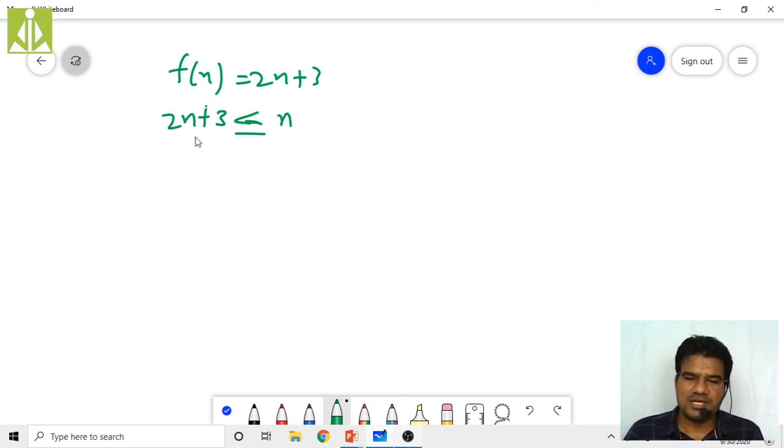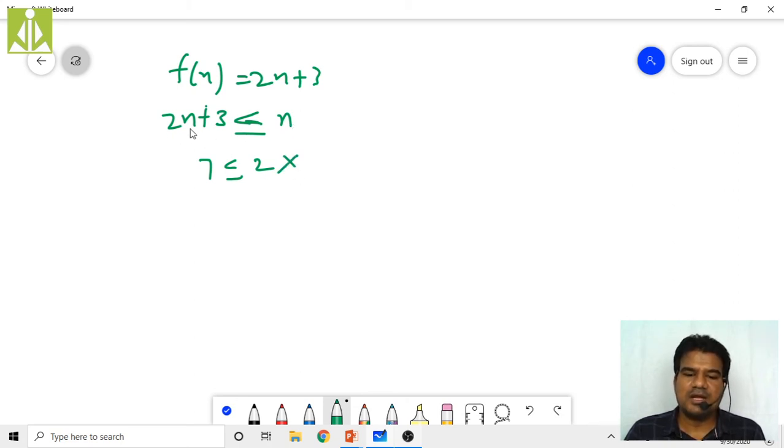If you take 2, then 2 multiplied with 2 is 4, plus 3 is 7. 7 is less than or equal to 2? Again false. Take the n value as 10.